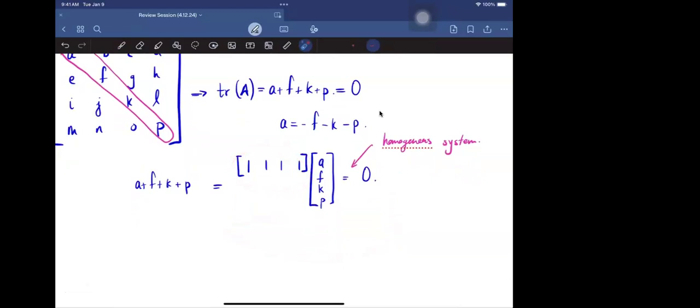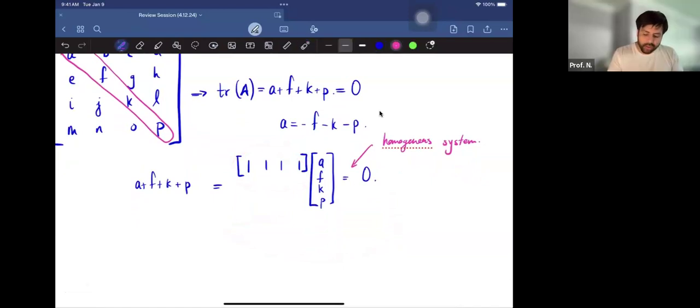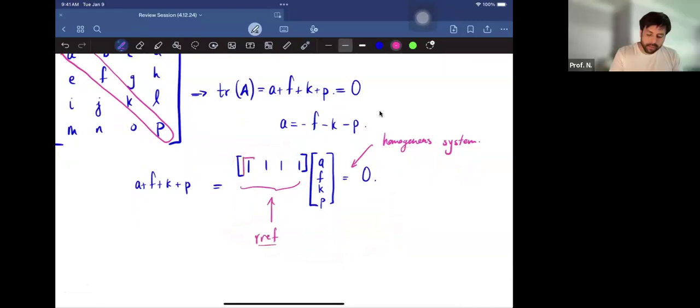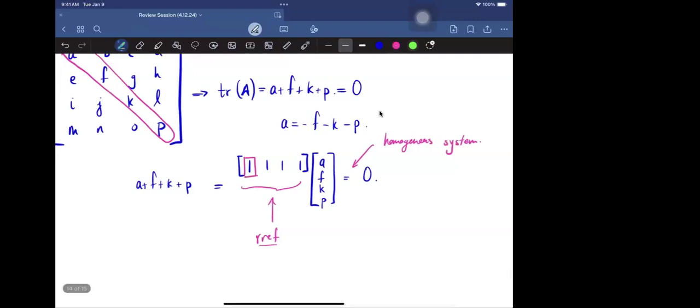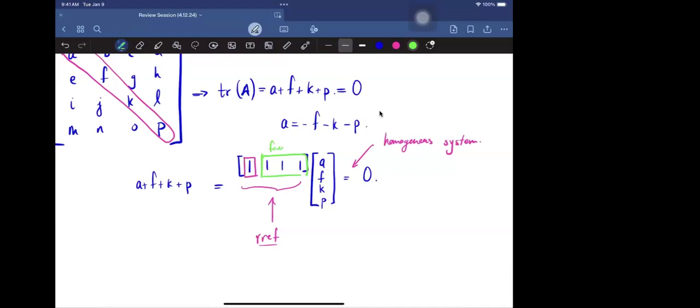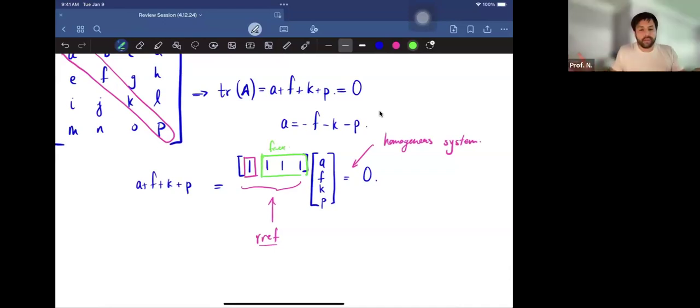Gaussian elimination. But guess what? This is already in RREF. How many pivot variables? 1. So then what are the rest going to be? 3. Which means I can do whatever I want.